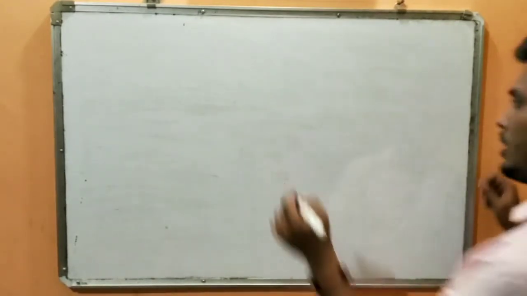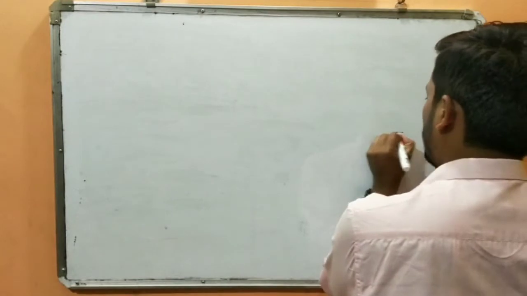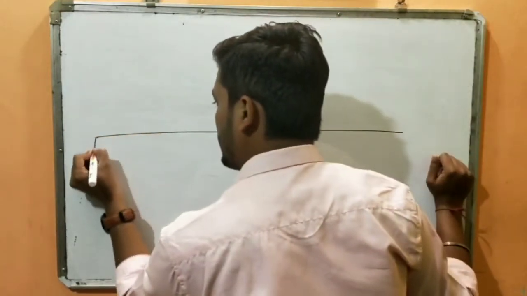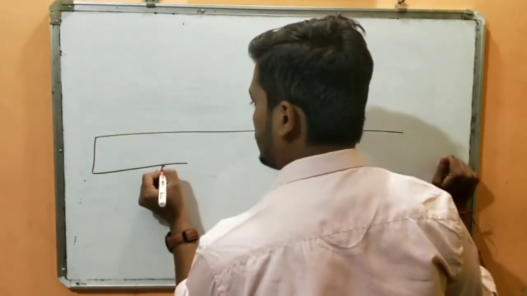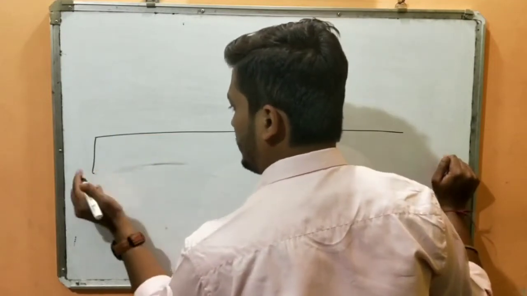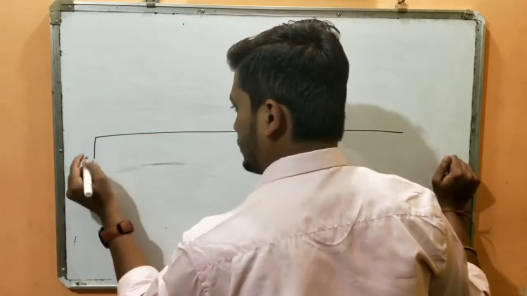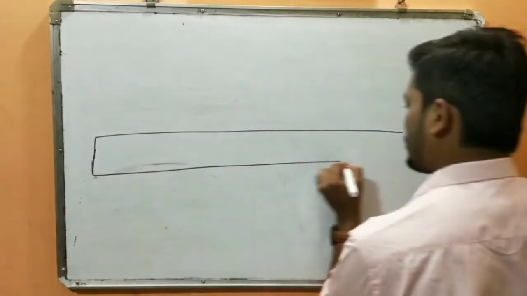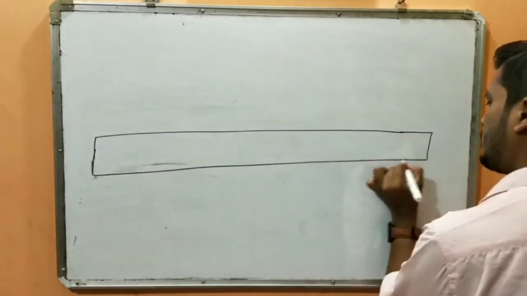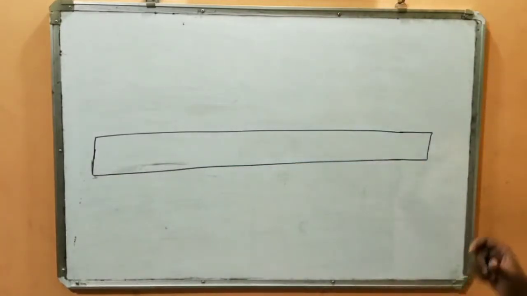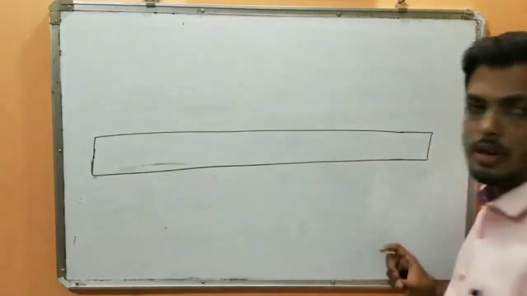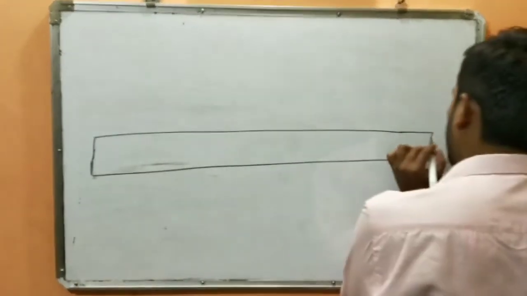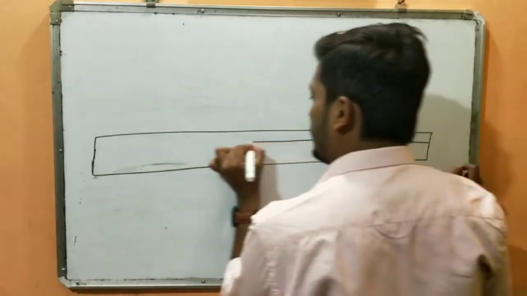Now, try to imagine how any meter bridge would look. Any meter bridge would look this way. This is a wooden block. On that wooden block I have one wire.